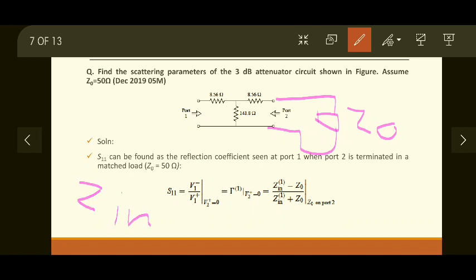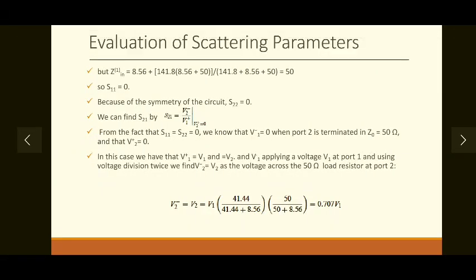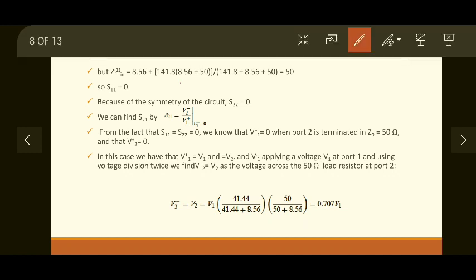So let's see how to calculate S11. Zin is equal to, as I said, 8.56, which was the first resistor Z1, plus the parallel combination of 141.8 with the series combination of 8.56 and 50 ohm.